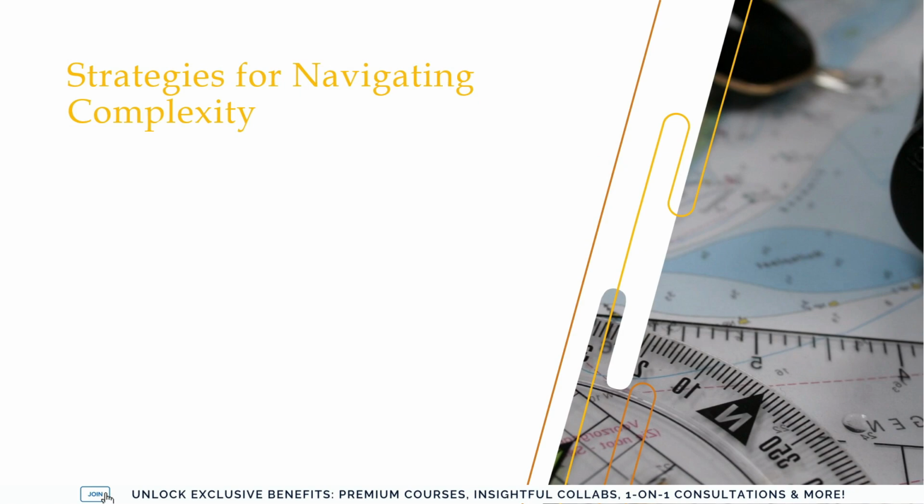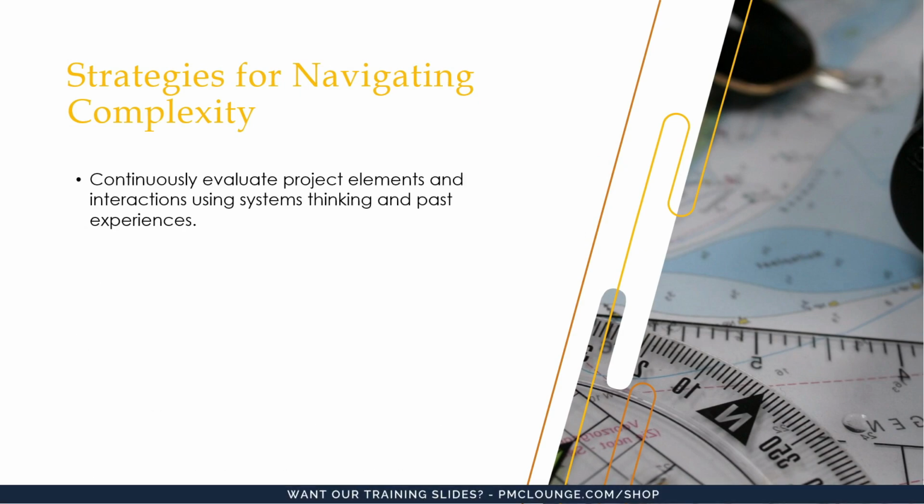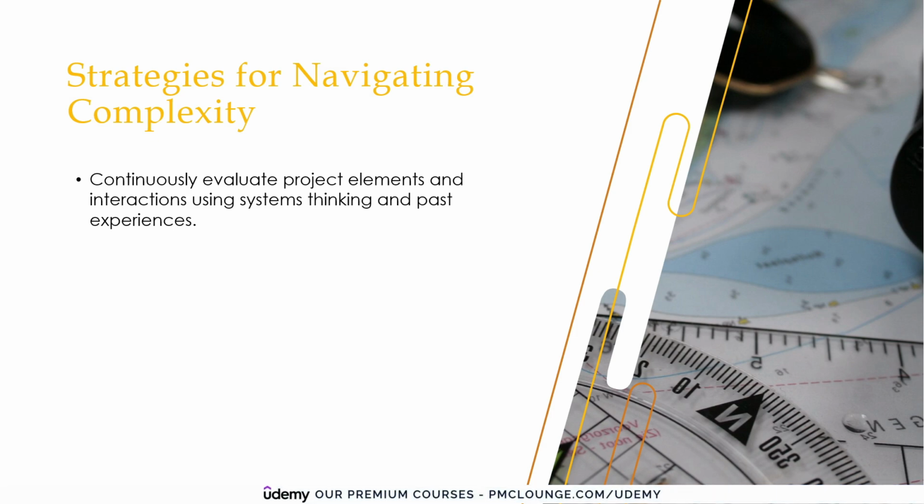Let's also talk about strategies for navigating complexity. First up, you need to apply systems thinking. Project teams can gain a holistic view of how various elements interact if they apply system thinking. It can also help them to identify sources of complexity early on in the project.